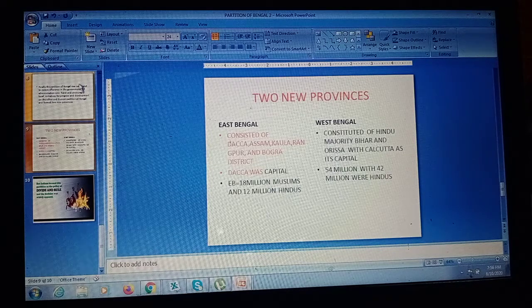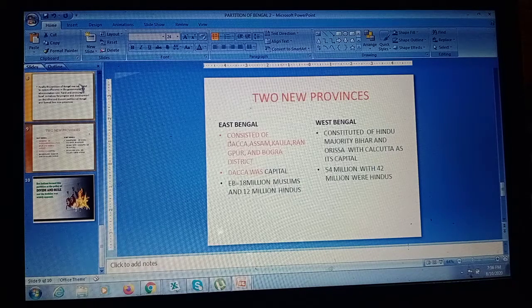So it started when Bengal was divided into two provinces, and the people knew very well the real motive of the Britishers and Lord Curzon. It was not at all for territorial reorganization, but to hit hard the Hindu nationalists.